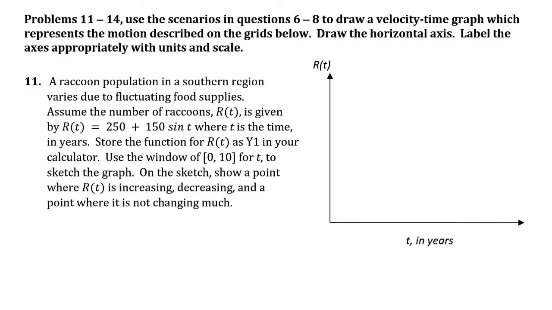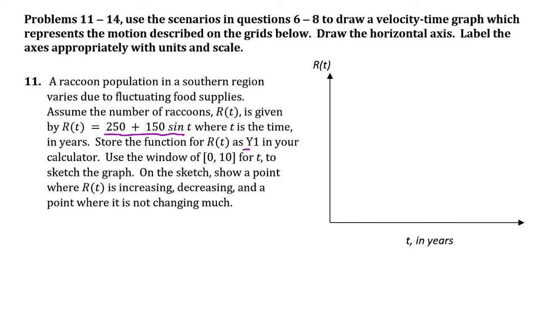Okay, number 11 is talking about raccoons, and we will talk about all kinds of animals. So we have a raccoon. The population varies due to fluctuating food supplies. Assume the number of raccoons R at T is given by this function, the sine function here, where T is time in years. Store the function.